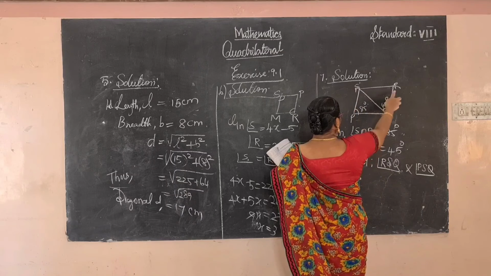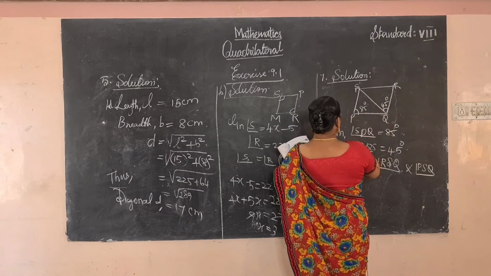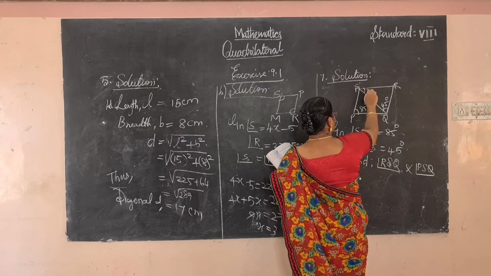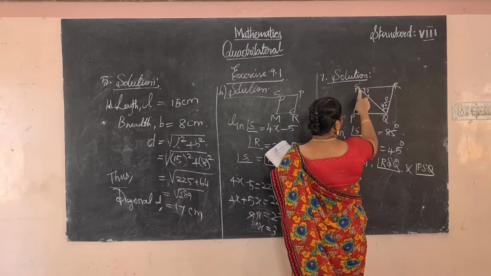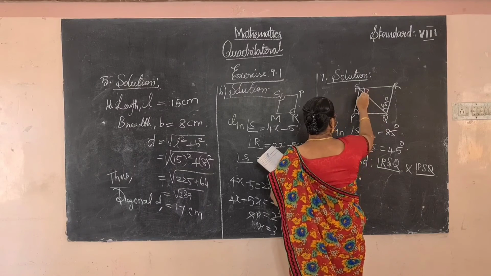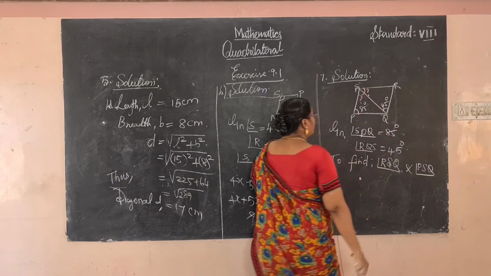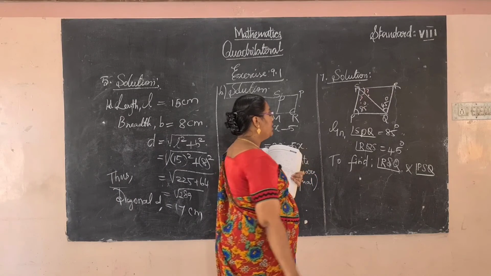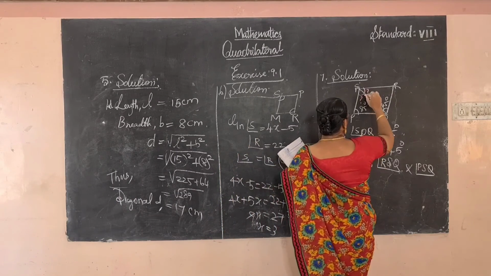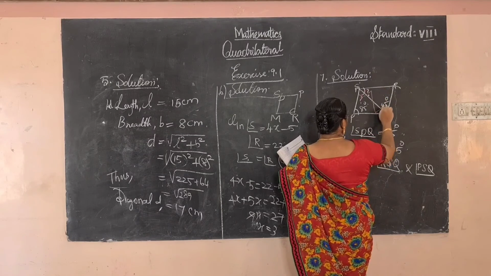We have to find out RSQ, and then PSQ. We have to find out these two values. See here, what is the relation between this one and this one?